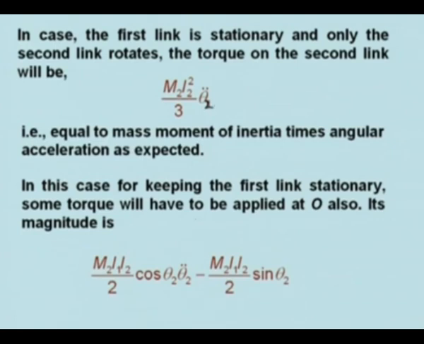And for keeping the first link stationary, some torque will have to be applied at O also, and its magnitude is m2 L1 L2 by 2 cos theta 2 dot dot minus m1 L1 L2 by 2 sin theta 2.